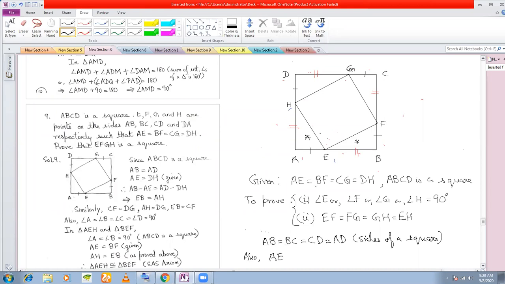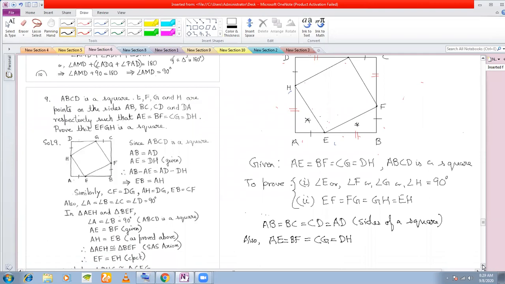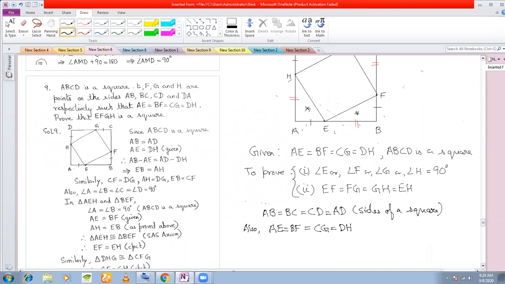See that AE I am writing under AB, and BF I am writing under BC. There's a reason for this. And CG I am writing under CD, and DH I am writing under AD. Okay, because all these are on these sides only. E is a point on AB, F is a point on BC, and so on.